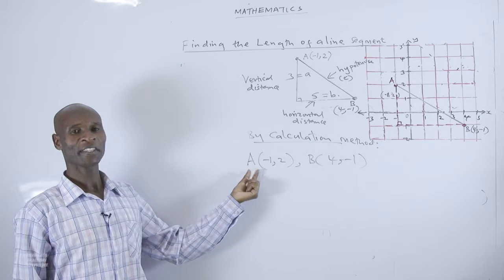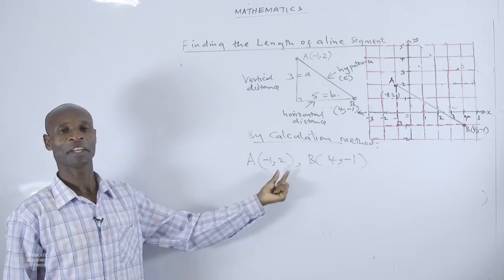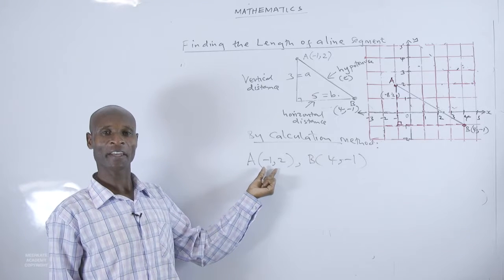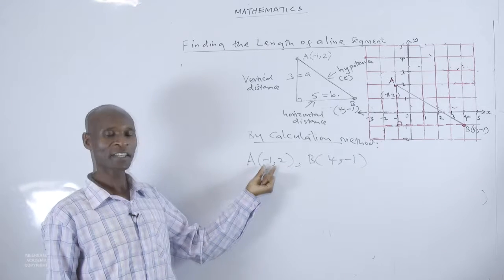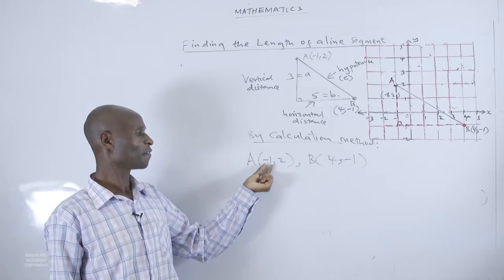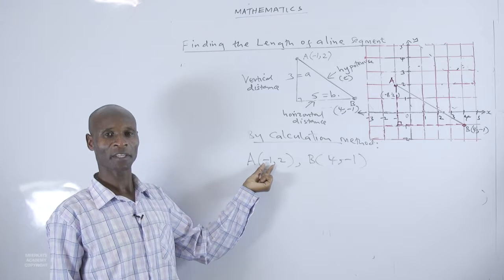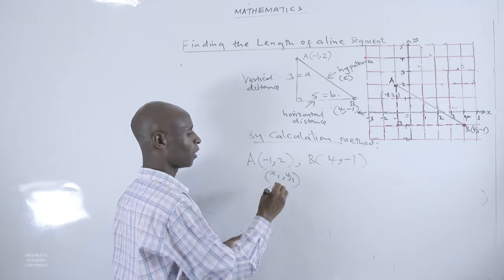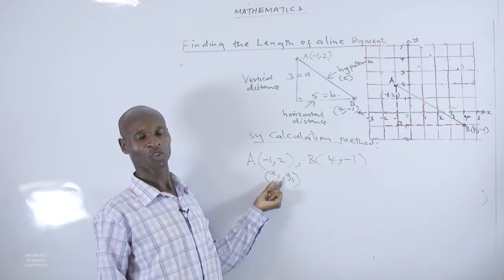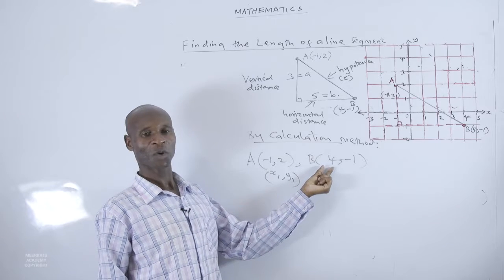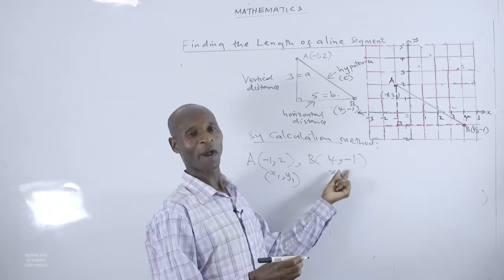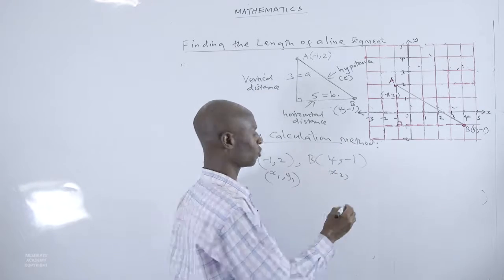So since point A is (-1, 2), and point B is (4, -1), the first step is to identify the x-coordinate. In this case, we shall let the x-coordinate for point A be x1, then the y-coordinate for point A be y1, then the x-coordinate for point B be x2, then the y-coordinate for point B be y2.